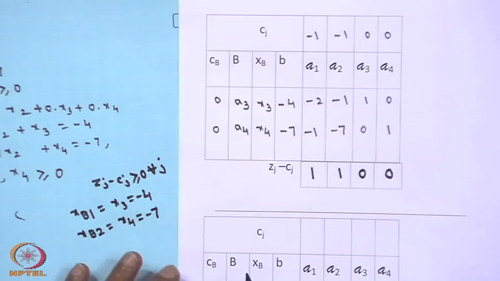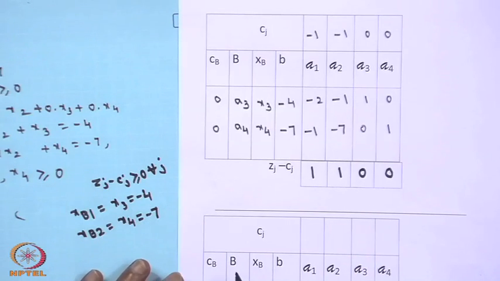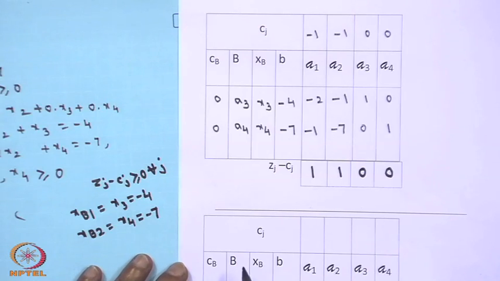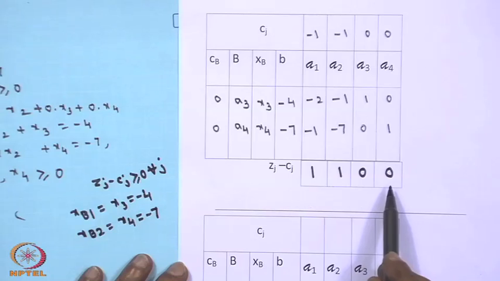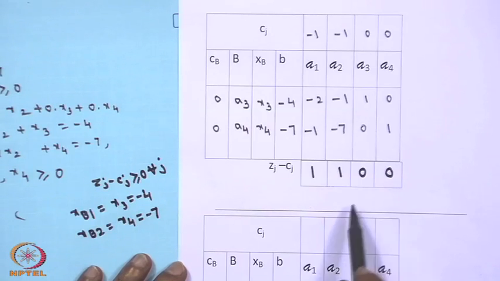So, your xb is negative. So, the optimum solution is infeasible. So, we are not checking this part, this will always be satisfied, otherwise you cannot continue.